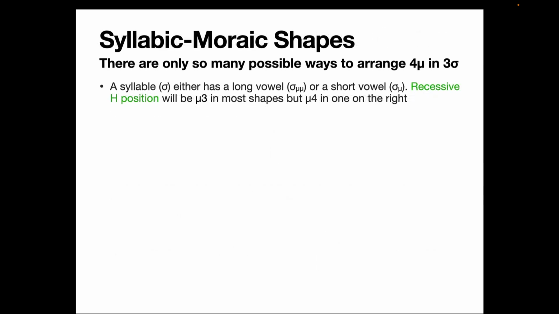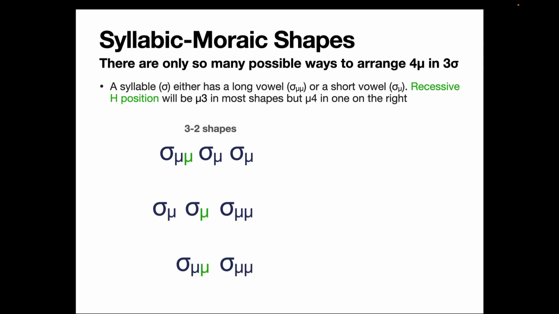So in the last video, I talked about the fact that there are really only so many ways to arrange four morae in three syllables. When we're thinking about recessive accentuation, we have 3-2 shapes. The green here is the recessive H position, and you'll see that in the 3-2 shapes, as expected from the name, it's on the third mora from the end.